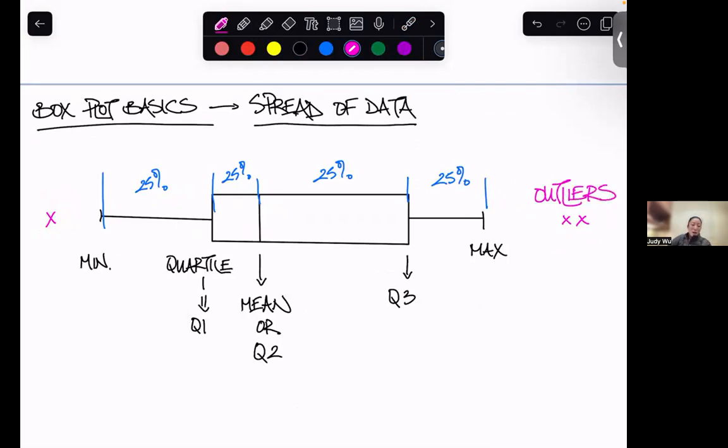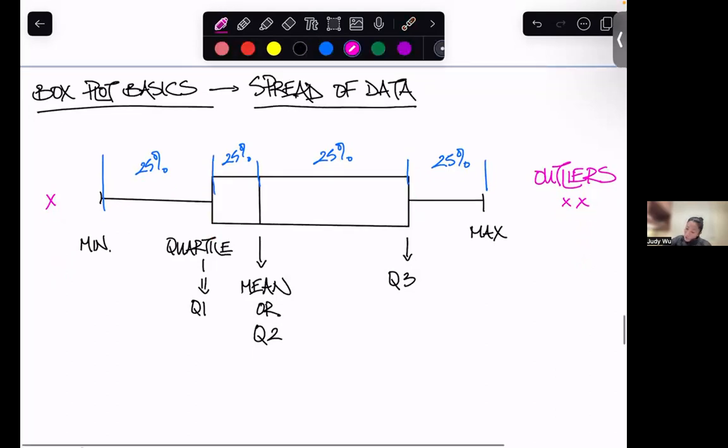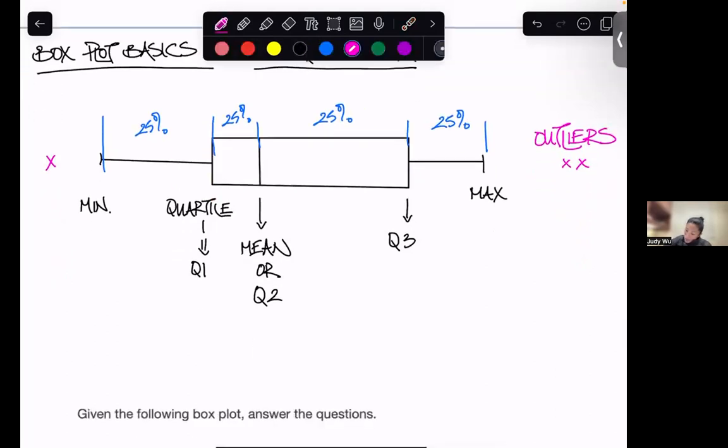Right? But if we have outliers, using the whole range as a measure of spread is a little bit less accurate, so we find out how wide the box is. And how wide that box is tells us where that middle 50% of the data is, and helps us determine the spread, okay? We have a special name for this.